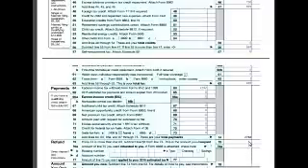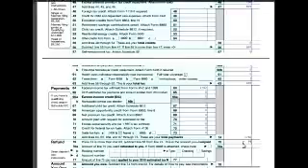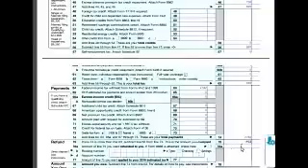Otherwise, you will have to pay. So it's going to be 2,782 minus 849. That gives me 1,933.